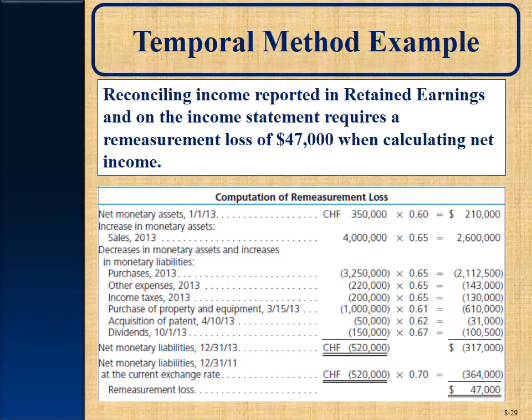Net monetary liability, because it ends up being negative. Net monetary liabilities in francs are 520,000 times the current rate of 70 cents would have given us a $364,000 conversion. So our conversion led to a loss. And that's the temporal method.